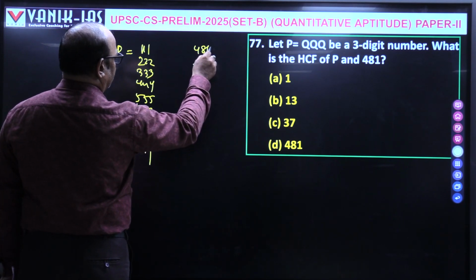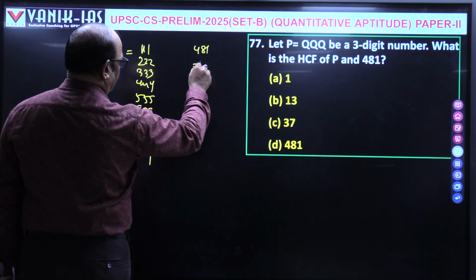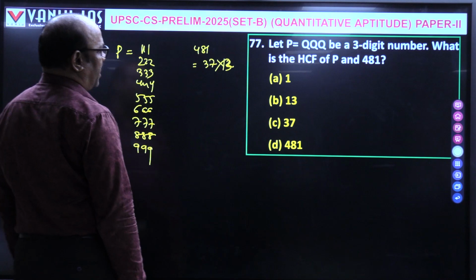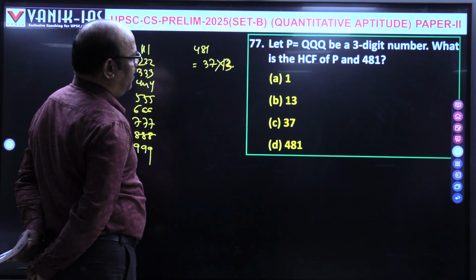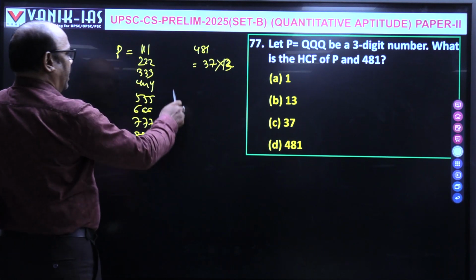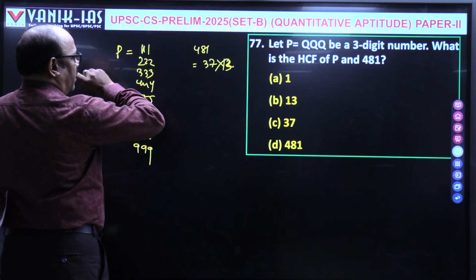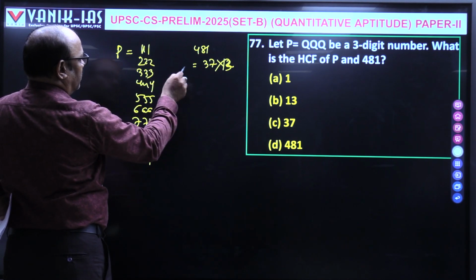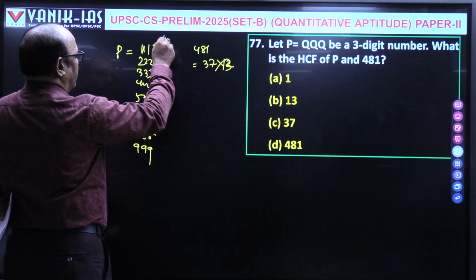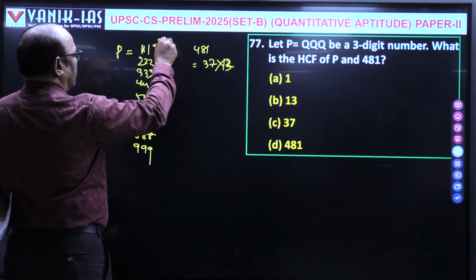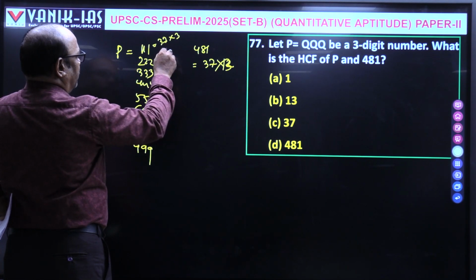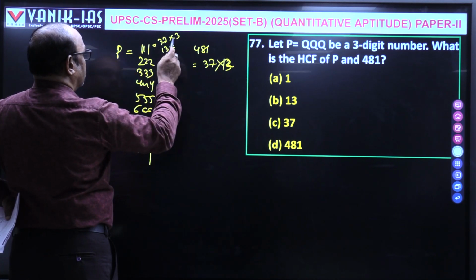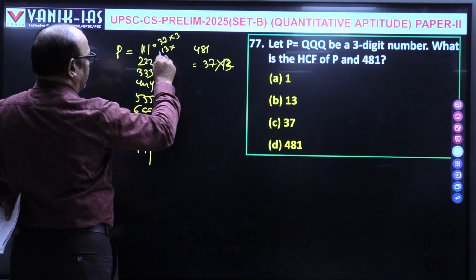So 481 will be 37 into 13. 37 is a prime number, 13 is also a prime number. The question is, what is the HCF of P and 481? 13 is dividing 111, right? 13 is a factor of 111. But 37 is also dividing, because 37 into 3. 13 is not dividing this.